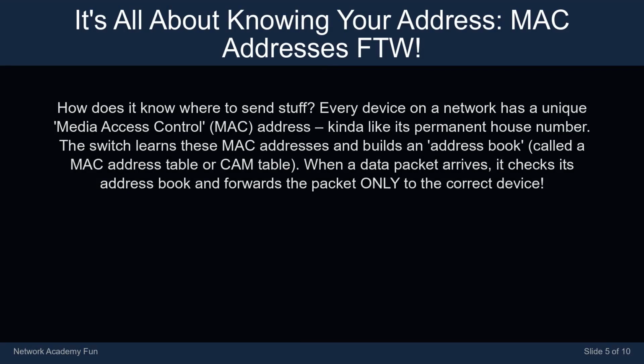Every device on a network has a unique media access control, MAC address, kinda like its permanent house number. The switch learns these MAC addresses and builds an address book, called a MAC address table or CAM table. When a data packet arrives, it checks its address book and forwards the packet only to the correct device.